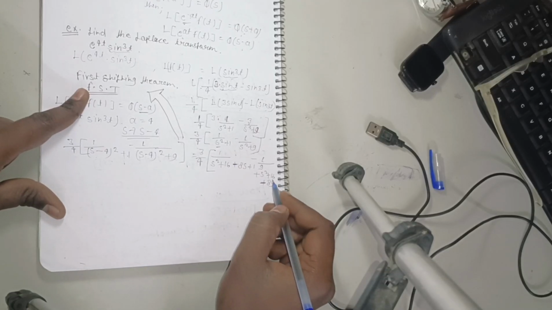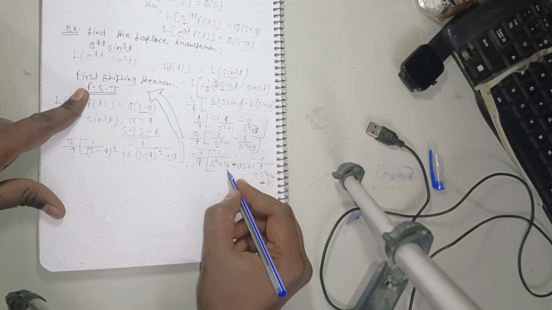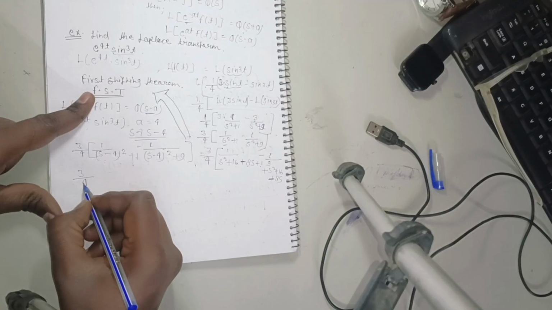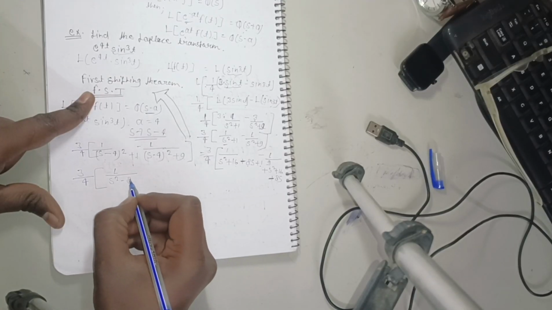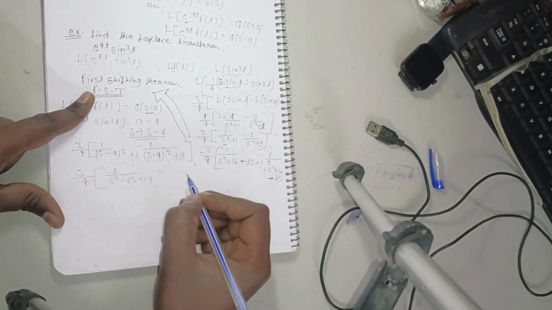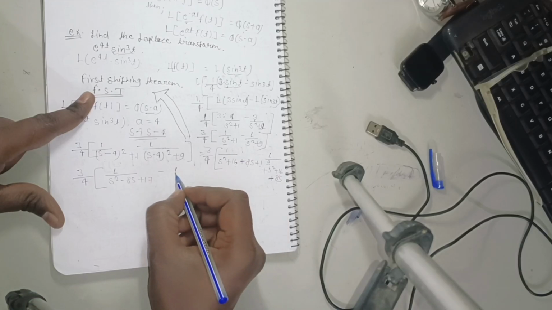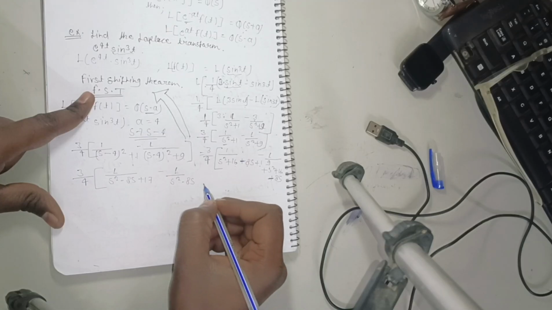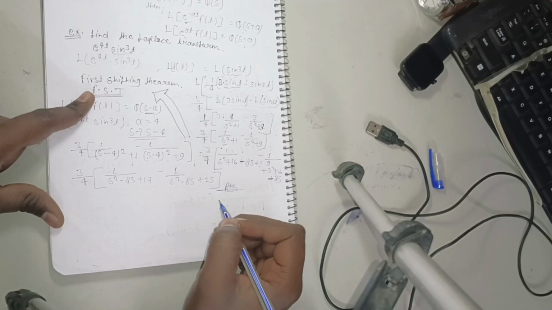As you can see, 16 plus 1 is 17 and 16 plus 9 is 25. So I can write 3 upon 4 into 1 upon s square minus 8s plus 17 minus 1 upon s square minus 8s plus 25. So this is the final answer.